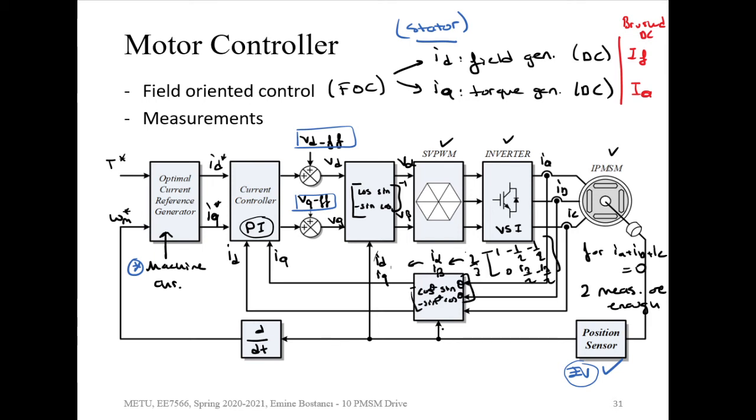As you see, you need the transformation with respect to the position. So you need the position information here and here, and these should be the electrical positions, not the mechanical positions.